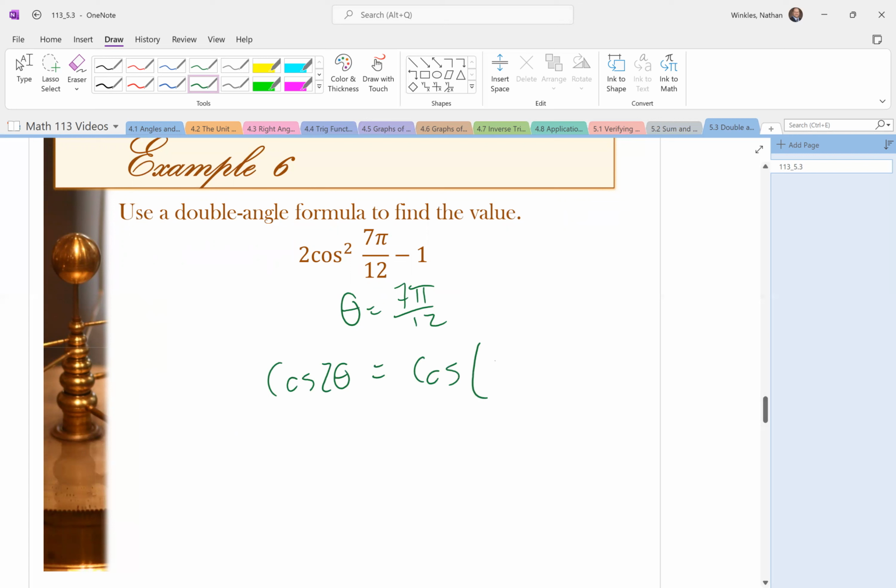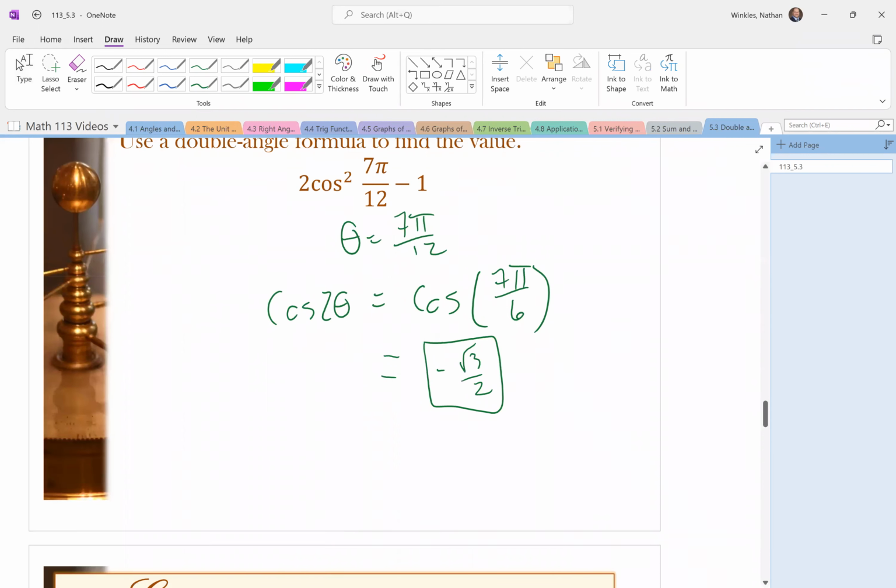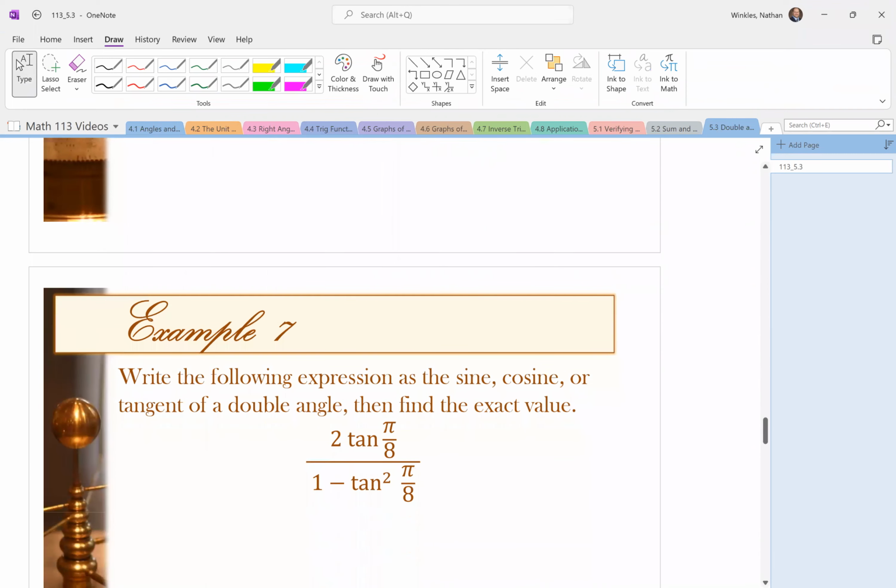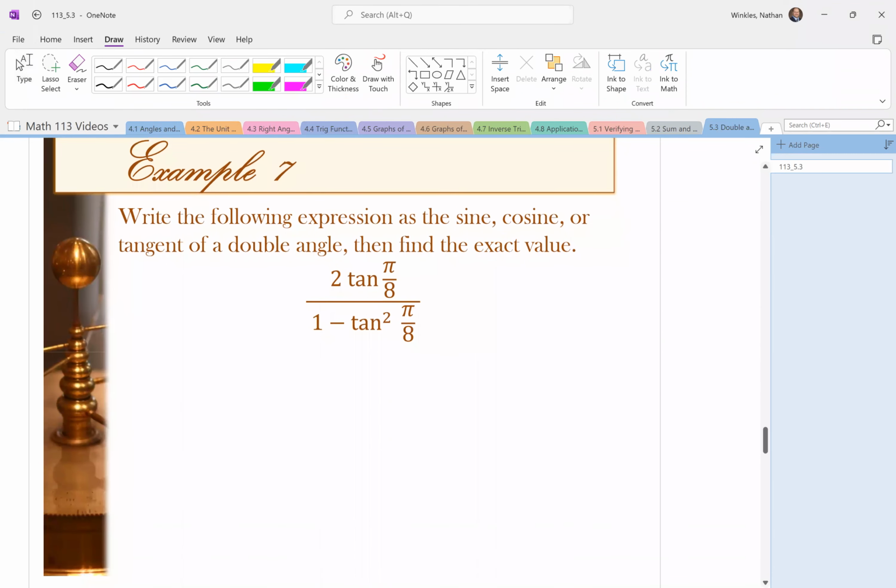So this is cosine of 7 pi over 6. And the cosine of 7 pi over 6 is going to be negative square root of 3 over 2. So really, we're just making sure you know your forms frontwards and backwards here.